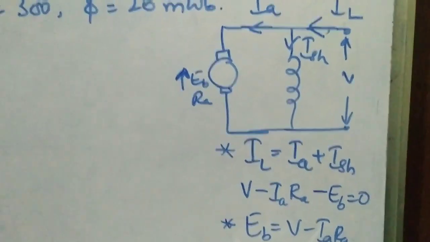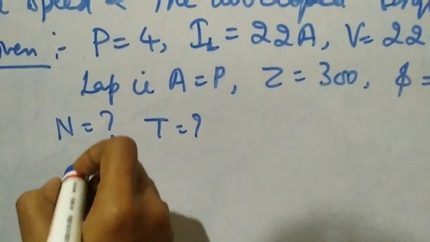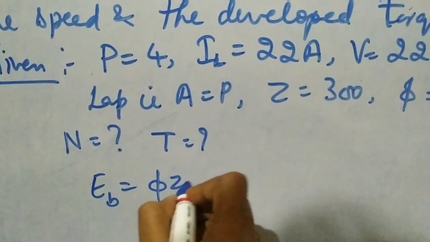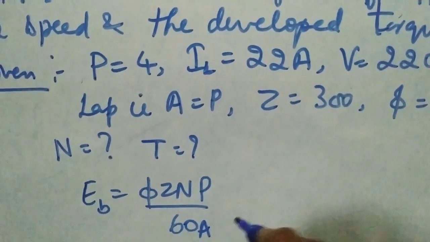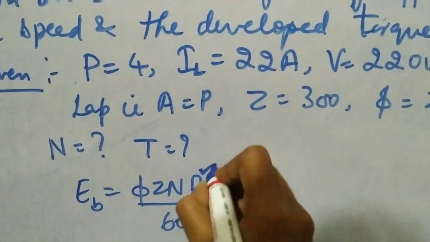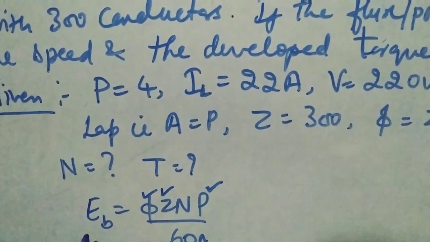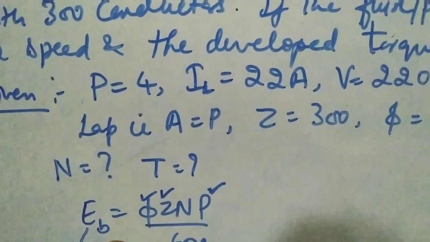Okay, now let's move on with the unknown parameters, speed and torque. Speed: how you can find it out is EB is equal to phi Z N P divided by 60 A. In this A is equal to P, you substitute, so it gets cancelled, and N only you have to find out. Z is given, flux is given. How to find EB? EB is equal to V minus IA into RA.